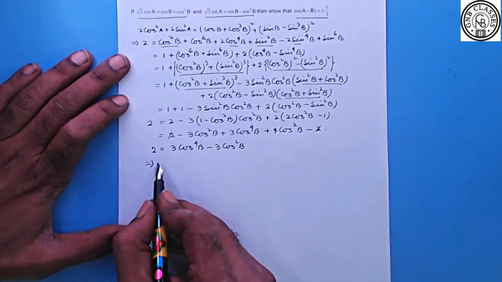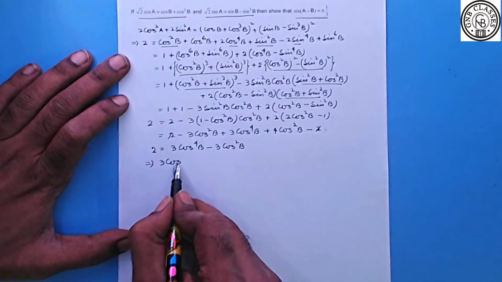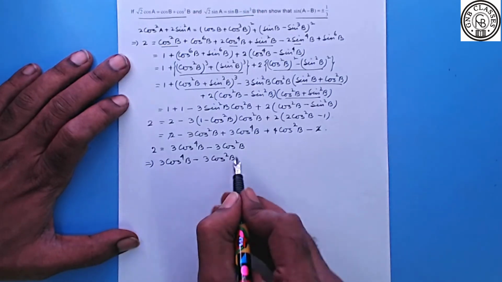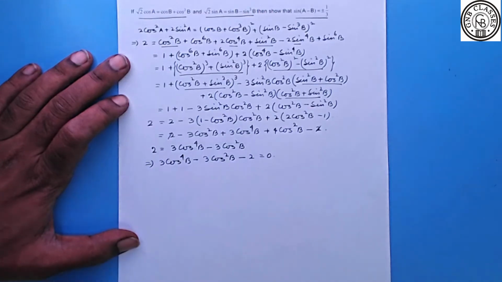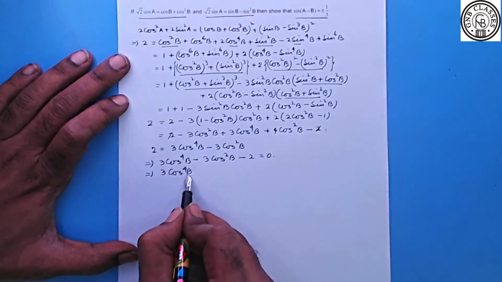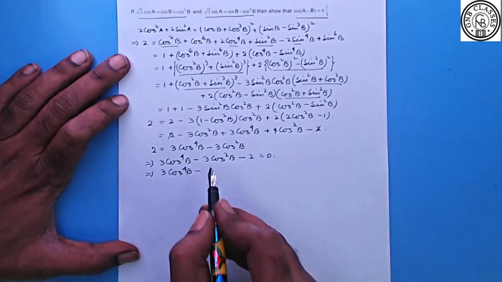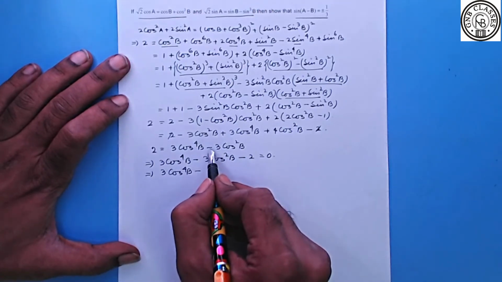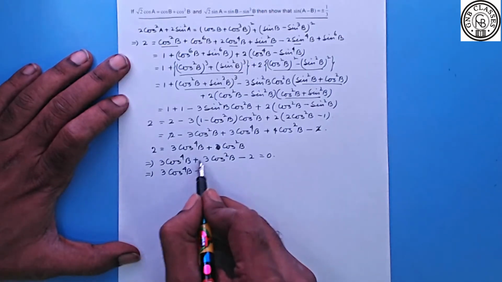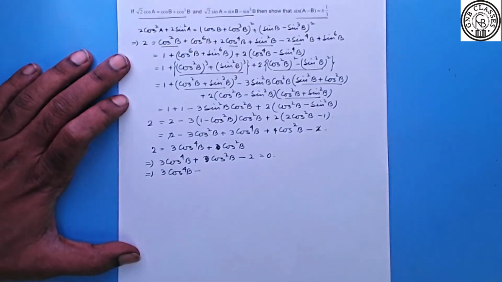So from here we can write 3 cos to the power 4B minus, sorry, this one will be plus cos square B, isn't it? Yes, it is plus cos square B.